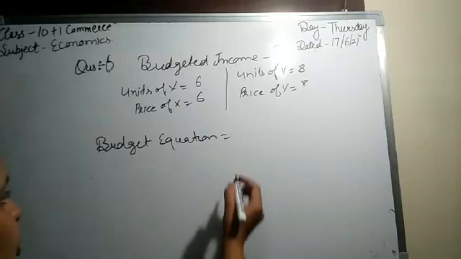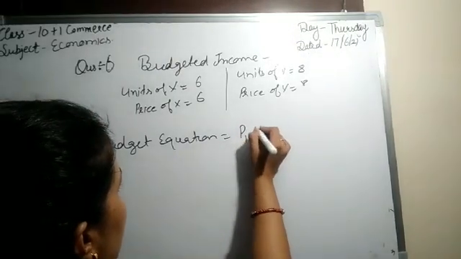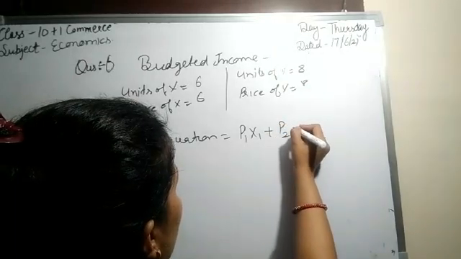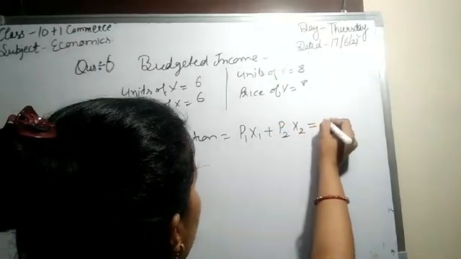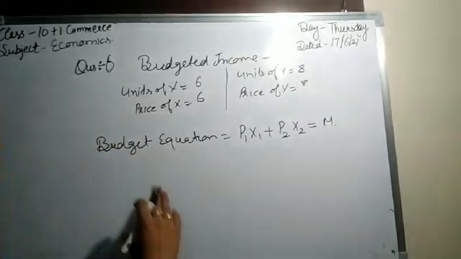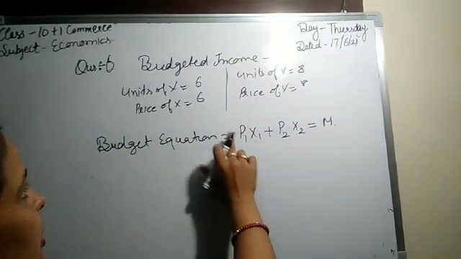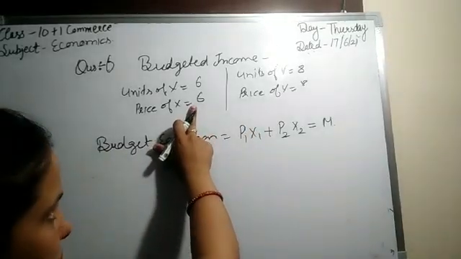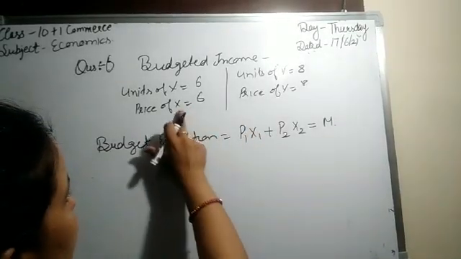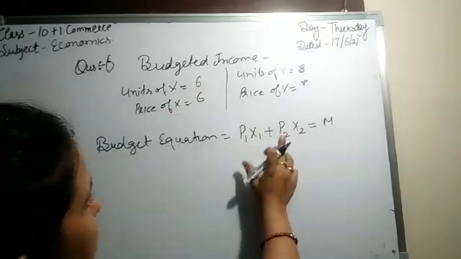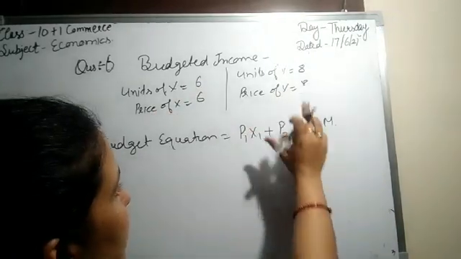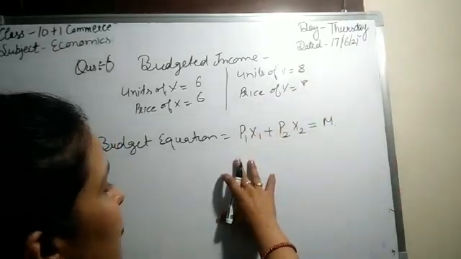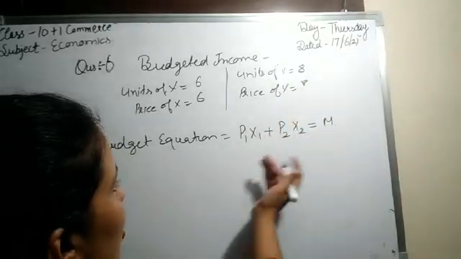Budget equation is P1 into X1 plus P2 into X2 is equal to M. In the budget equation, P1 is the price of X commodity, X1 is the units of X commodity, P2 is the price of Y commodity, and X2 is the units of Y commodity. So now we can put the data into this equation.